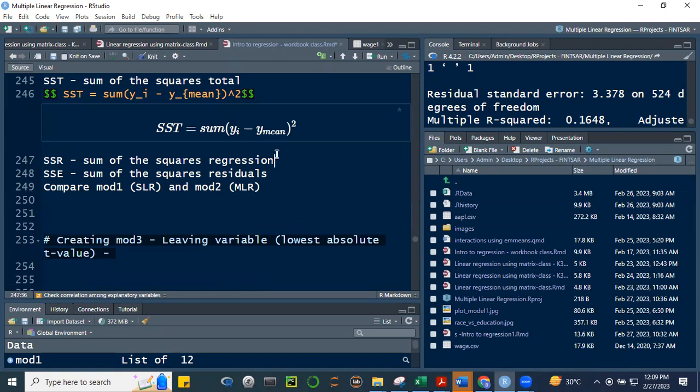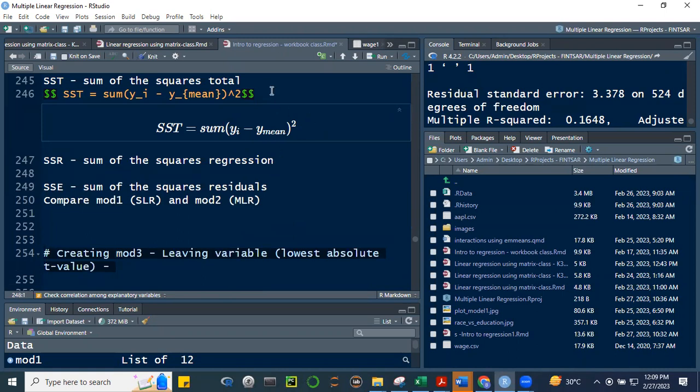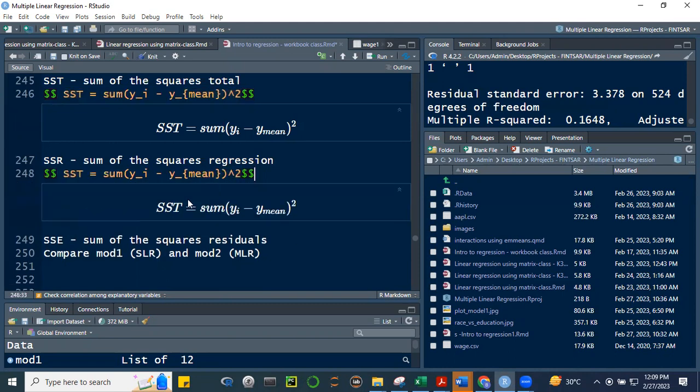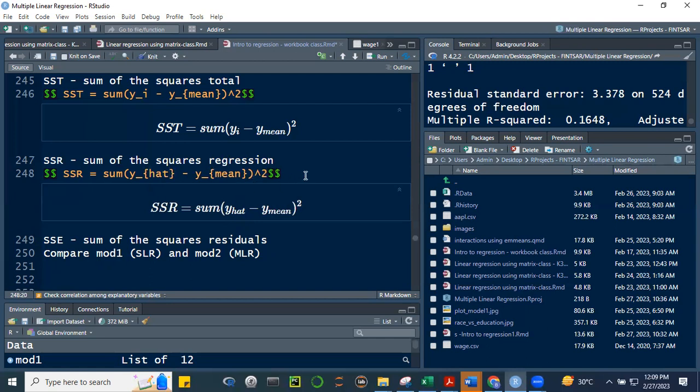And then let's go to your sum of the squares of your regression. Yung SSR is an improvement in your model. So may model na tayo, y hat. This is our predicted value, di ba? Minus the mean.